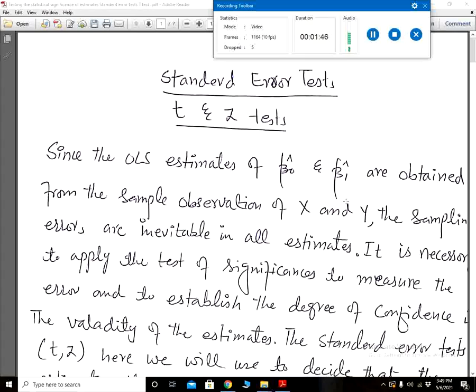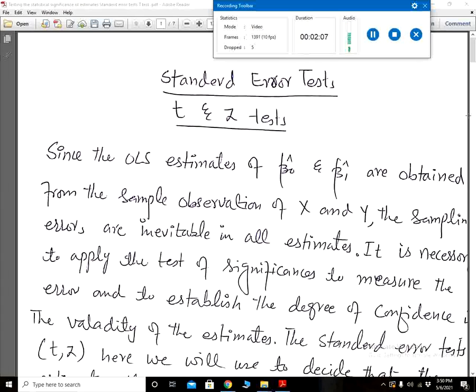If the population variance and standard deviation are known, then we will use the Z test, or if the number of observations is greater than 30, then we also will use the Z test.